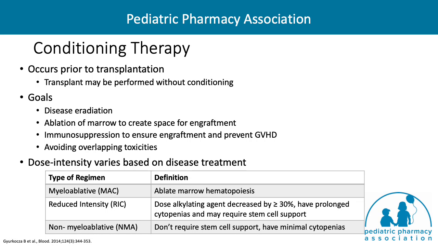For non-oncology indications, the purpose of conditioning is to use it for immunoablation and to reset the immune system. Other goals include ablation of the marrow and to create space for engraftment, immunosuppression to ensure engraftment and prevent graft versus host disease, and also to avoid overlapping toxicities.